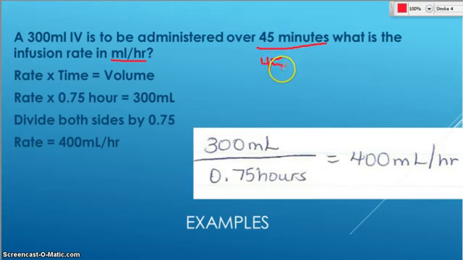If you put that in your calculator, you will see that that is 0.75 of an hour. That's where this number came from. We're going to divide both sides by that 0.75 and we get a rate of 400 milliliters per hour.